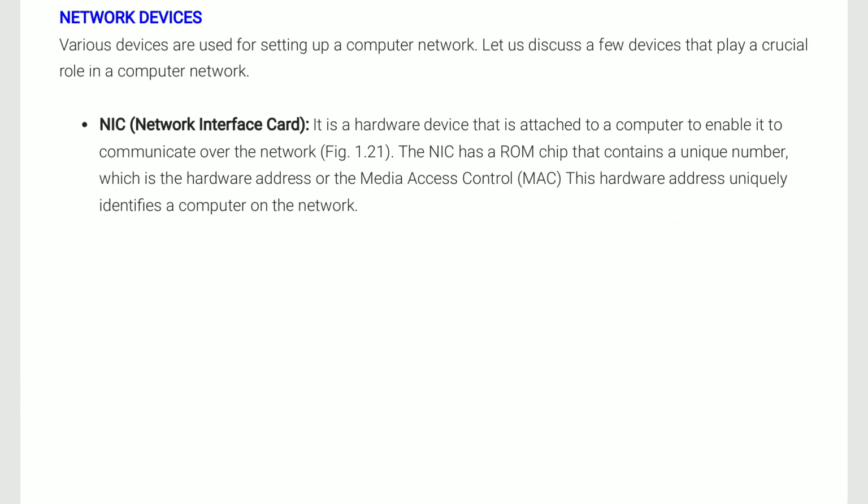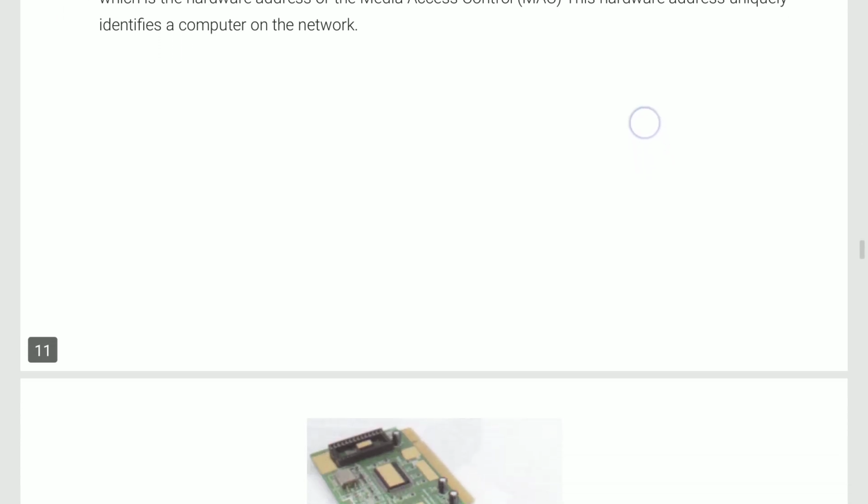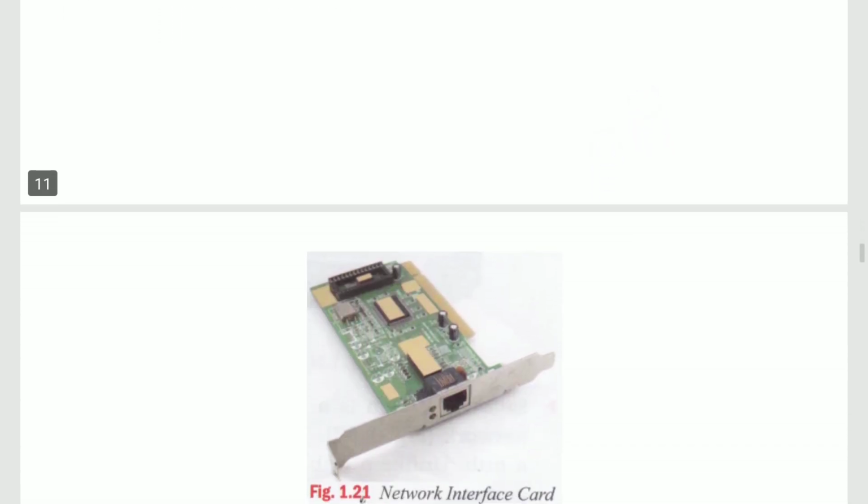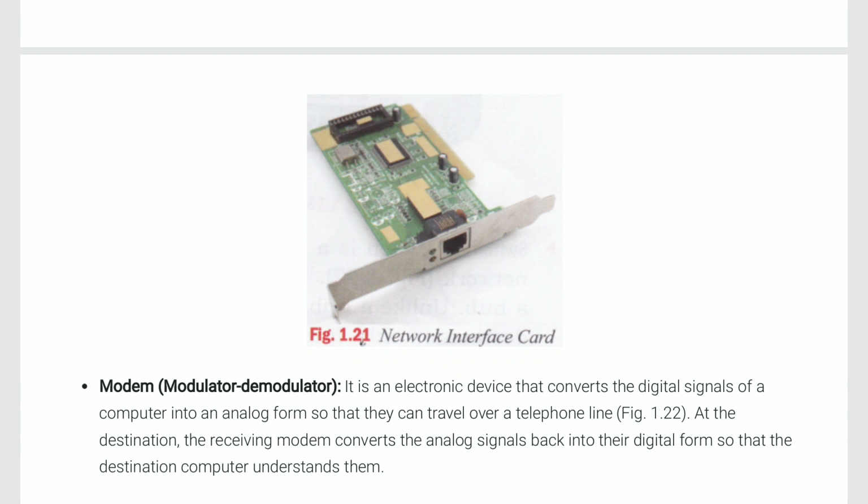The first one is NIC, that is network interface card. As you can see the picture of this one on the screen, what is a network interface card? A network interface card is a networking device or a hardware device that is attached to a computer to enable it to communicate over the network.